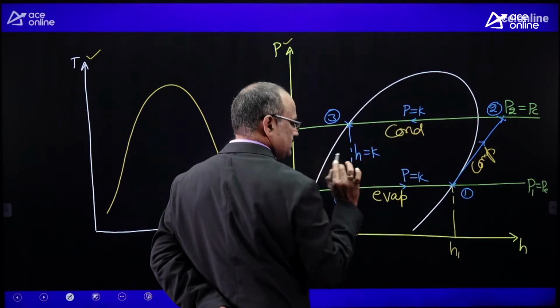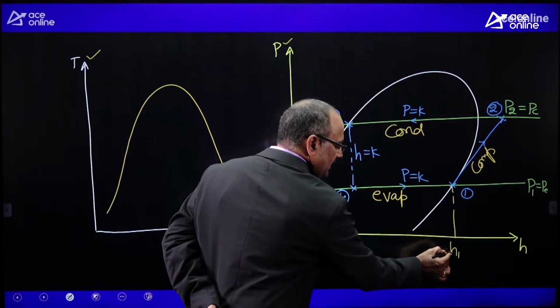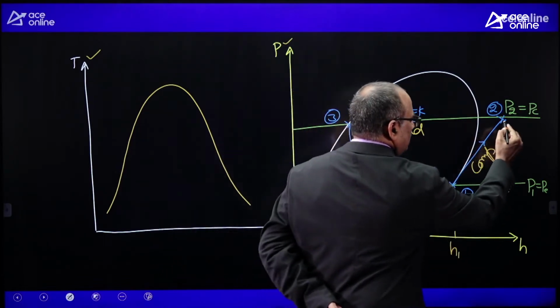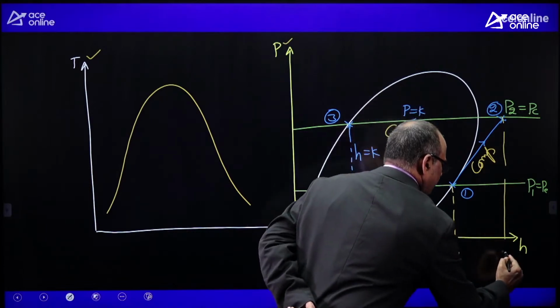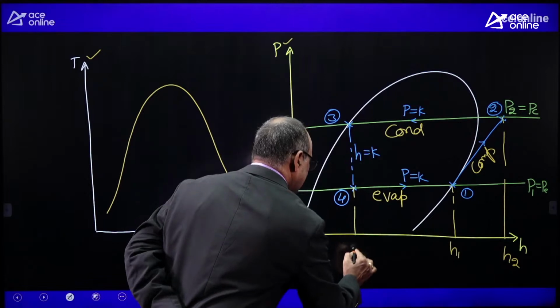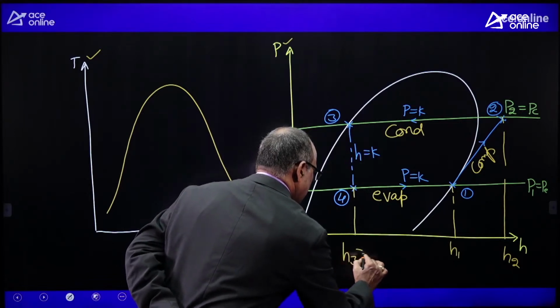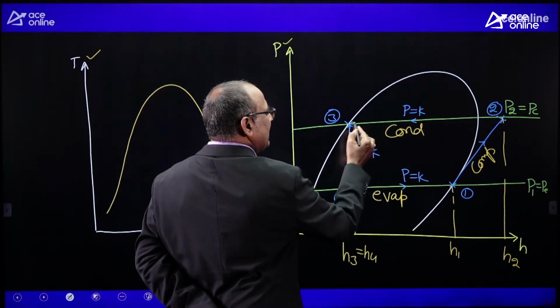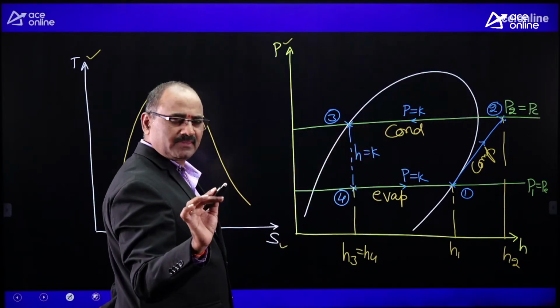This is the throttling process. Anyhow, H1 be the enthalpy of the refrigerant at the end of the evaporation. H2 be the enthalpy of the refrigerant after compression. H3 equal to H4. H3 equal to H4 is the enthalpy of the refrigerant at the end of the condensation.